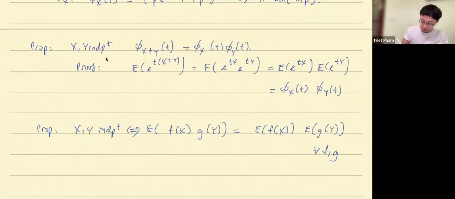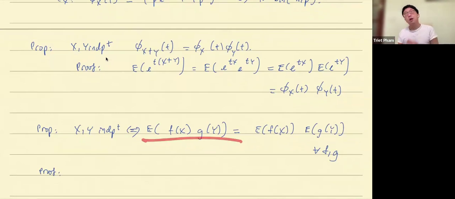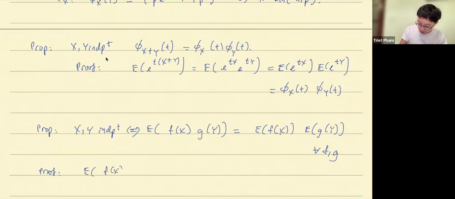So what's the proof of this? Well, you just use the law of the unconscious statistician. Let me deal with the continuous case; the discrete case is very similar. So the expectation of this will be the double integral of f(x) g(y) times the joint density.